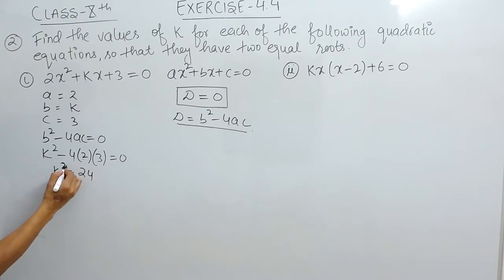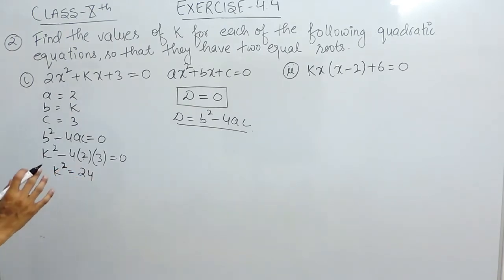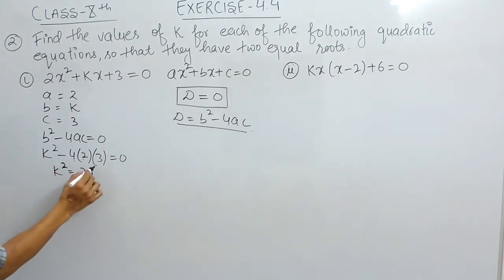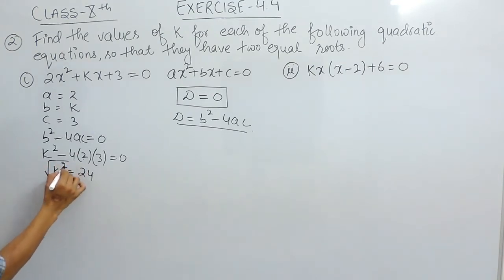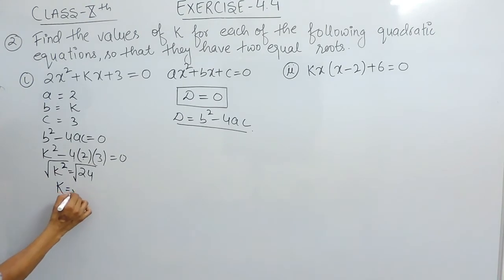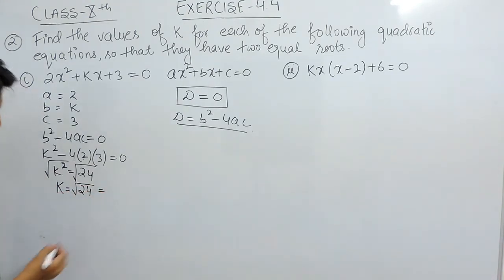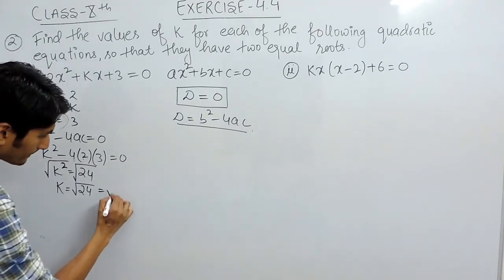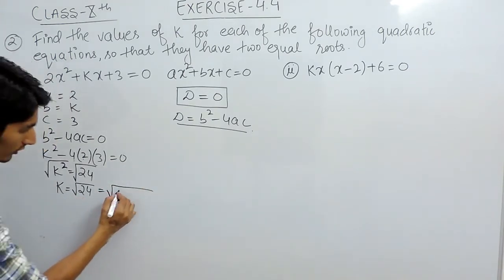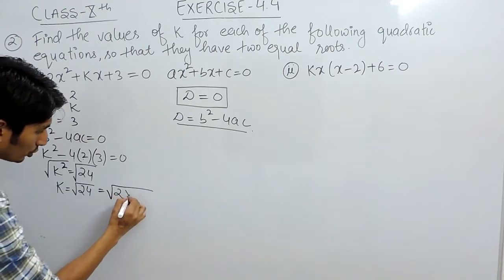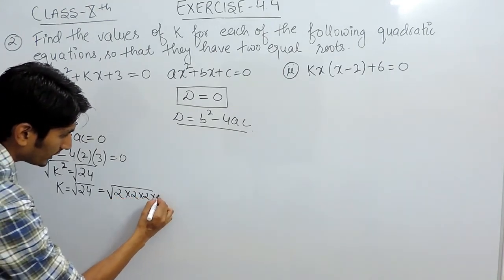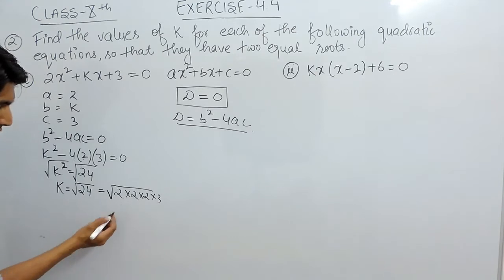So we know the value of k square, but we have to find the value of k. For that we can take the square root of both sides, and the square and the under root will cancel out. The value of k will become under root 24. This can be further solved: 24 can be written as 2 into 2 into 2 into 3, which is 8 into 3 is 24.